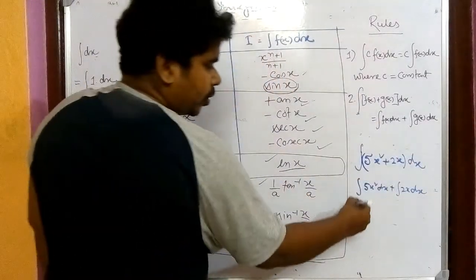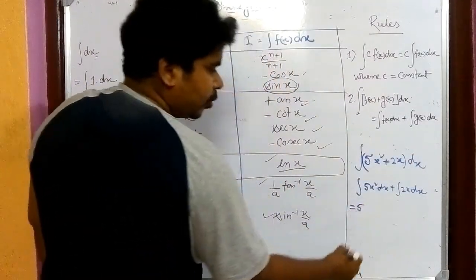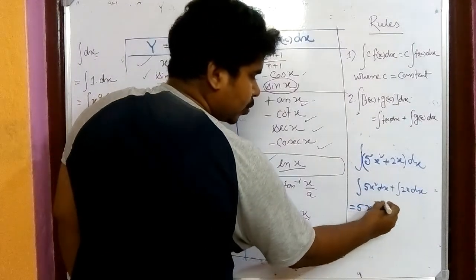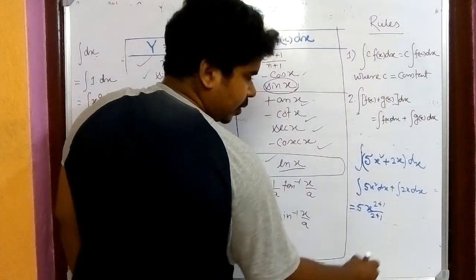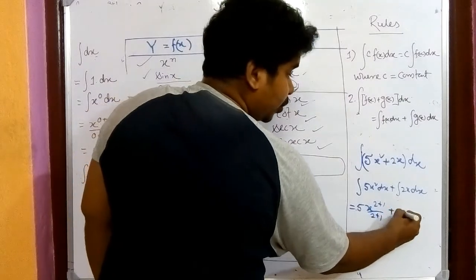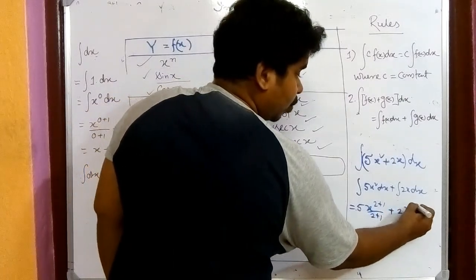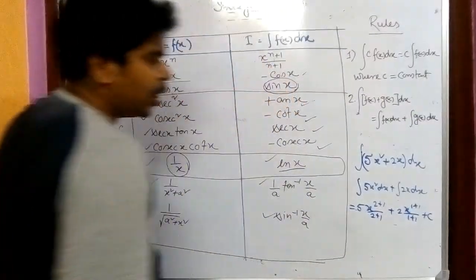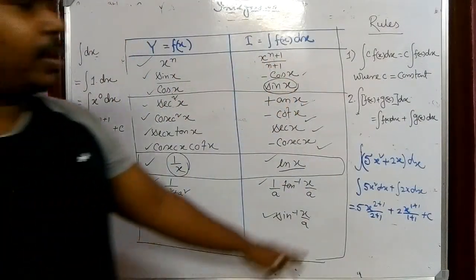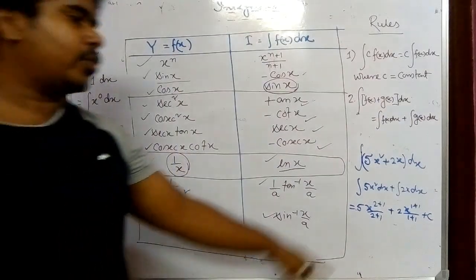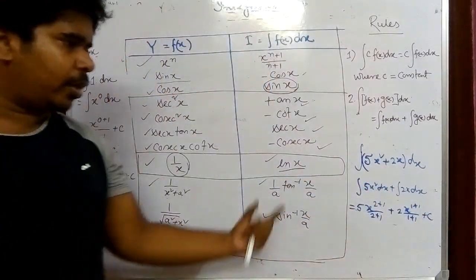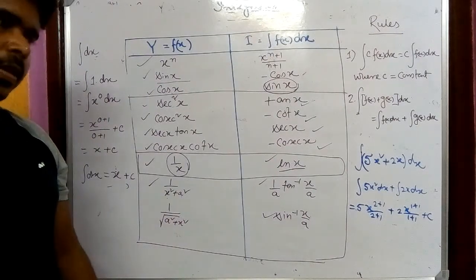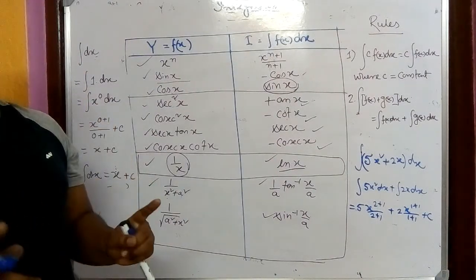So the constant will come outside, so 5, and x square means x to the power 2 plus 1 by 2 plus 1, plus 2 into x to the power 1 plus 1 by 1 plus 1, plus c. Now you might be asking, sir, previously we had done one integration and that's why we took one constant. Here we have done two integrations. There also one constant. Yes, so we have to take one constant.